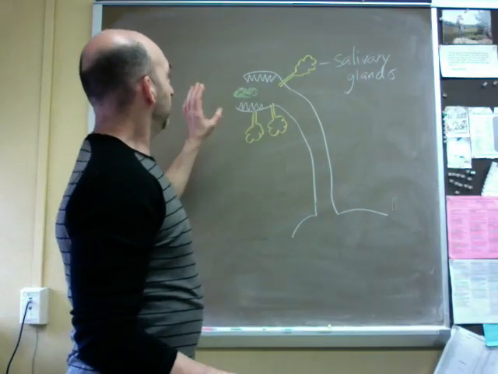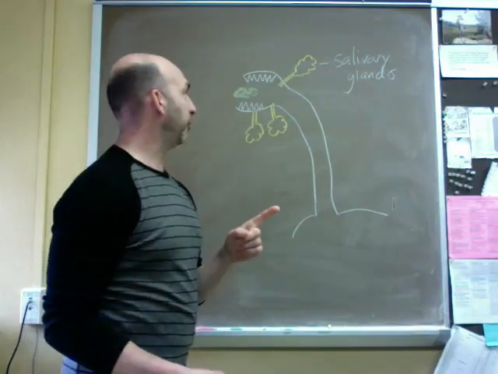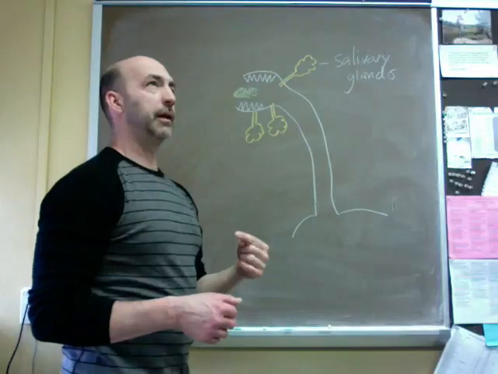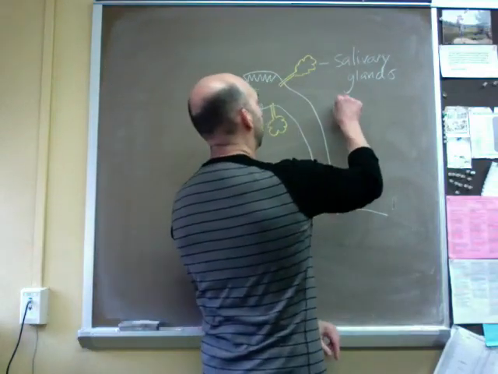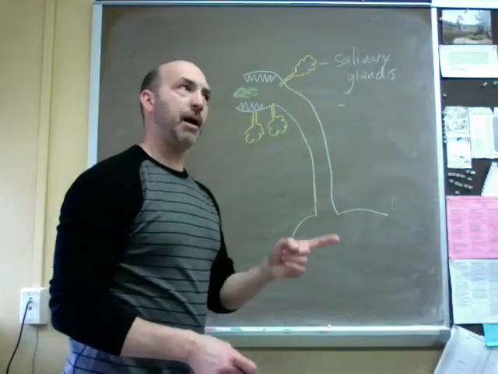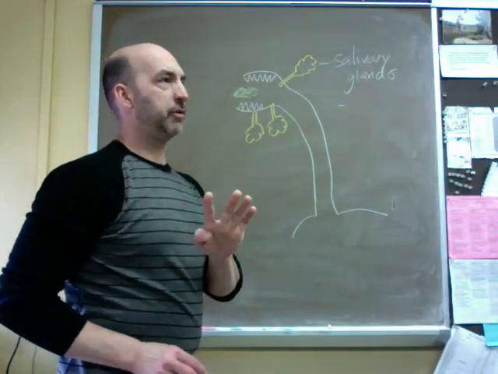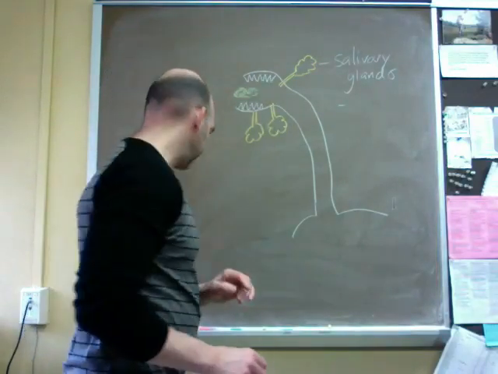So anyway, we chew the food, we lubricate the food. We do actually add enzymes to it at this point. The salivary gland secretions include a carbohydrase and a lipase. So we have to talk about the four primary nutrients and the enzymes that degrade them.